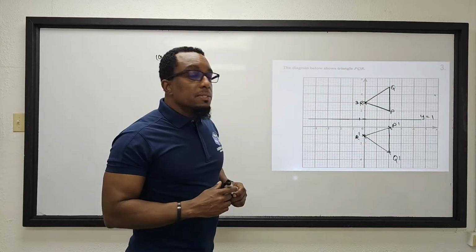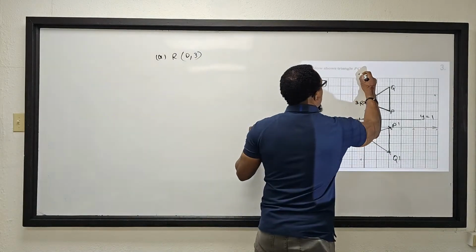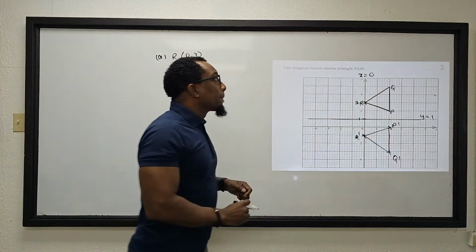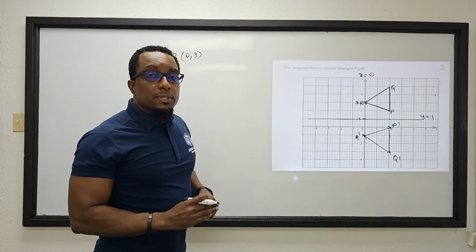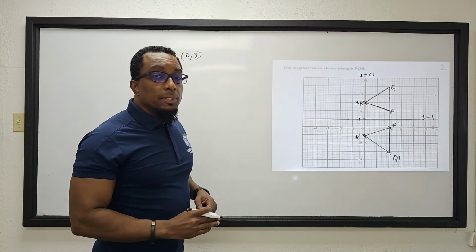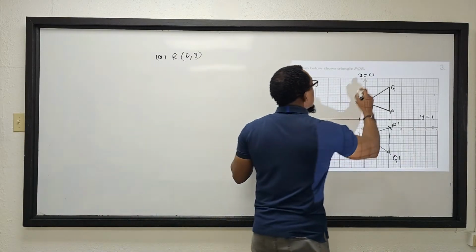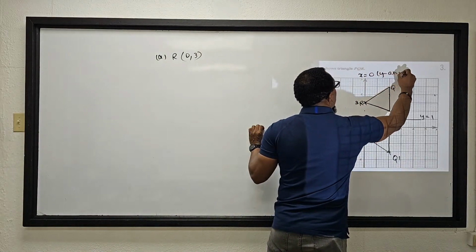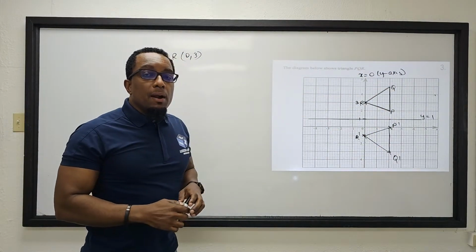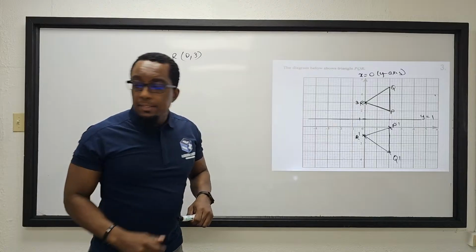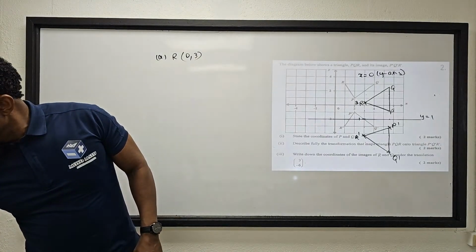So x equal to 0 is the y-axis, which is a vertical line passing through the origin. So this is the y-axis here. If we have to reflect P prime, Q prime, R prime about the y-axis, x equal to 0, what are we going to do?